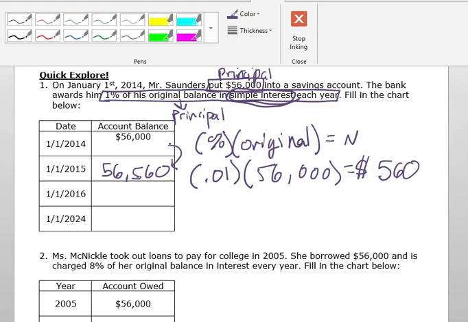In 2016, I'm also going to add $560. So he'll have 56,560 plus 560, which would give him, sorry, this is not coming out super neat, so I'm going to erase it.